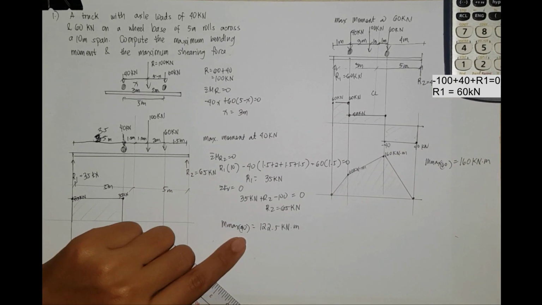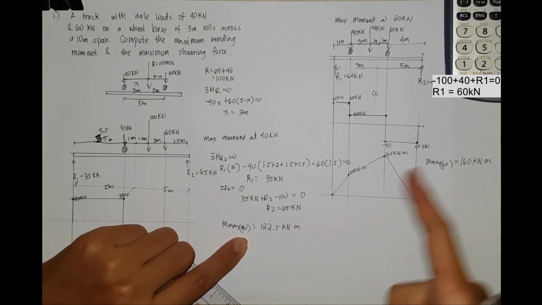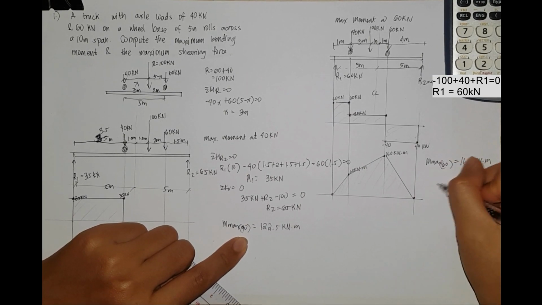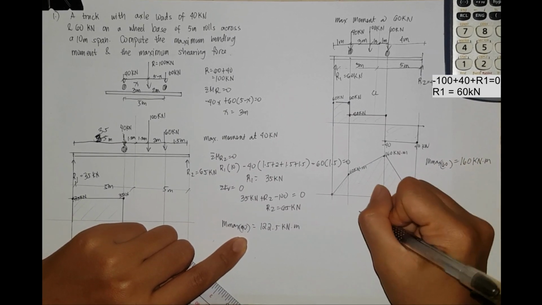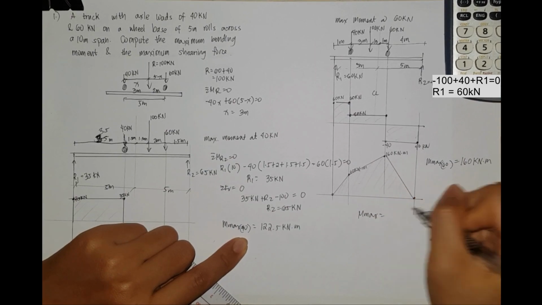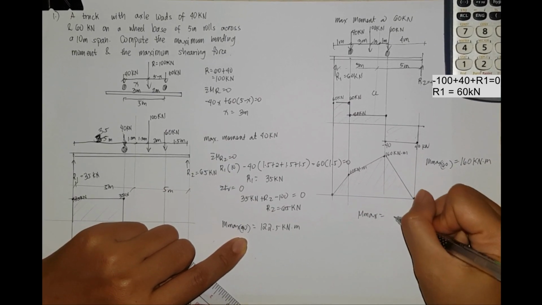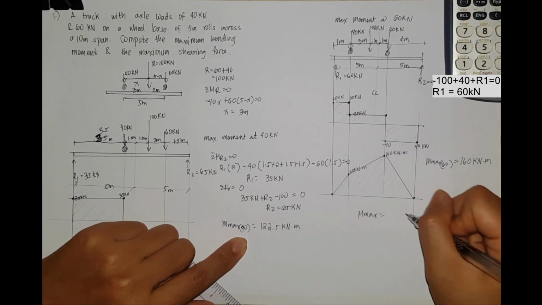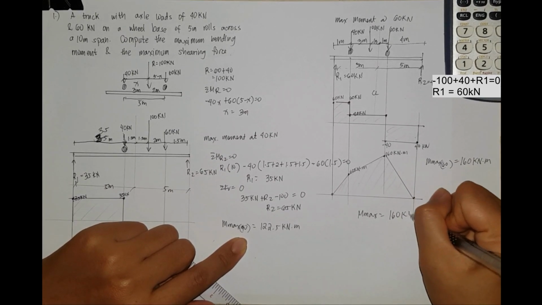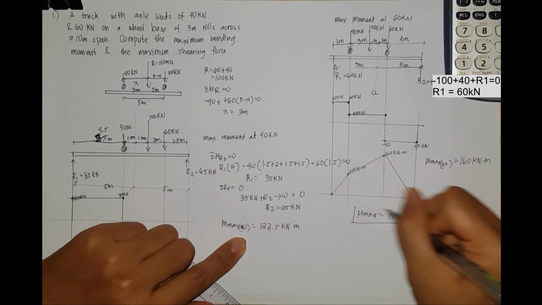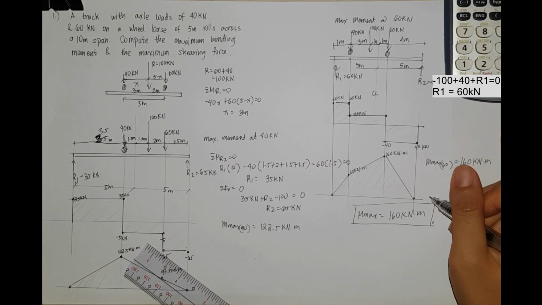And then, pipili lang tayo dito sa dalawa kung ano yung mas malaki. So, mas nag-govern yung 160. Therefore, the maximum moment is now equal to 160 kilonewton dot meter. So, ito na yung ating answer for the maximum moment.